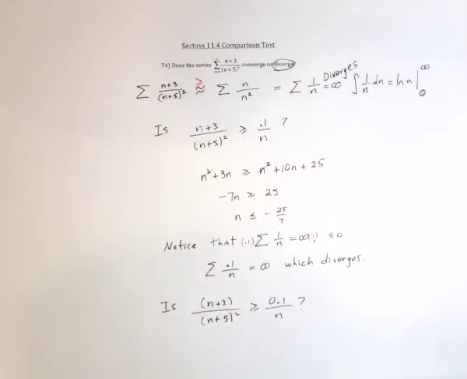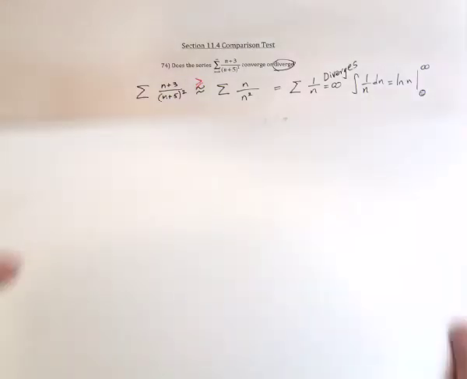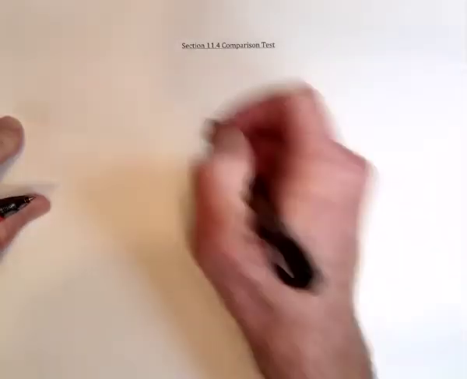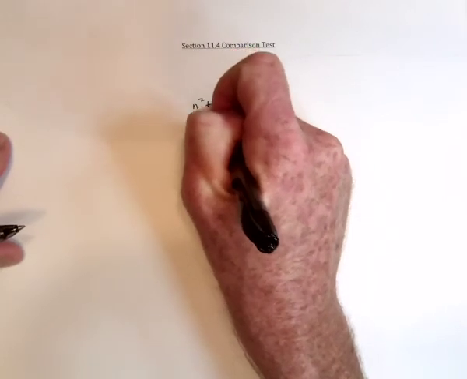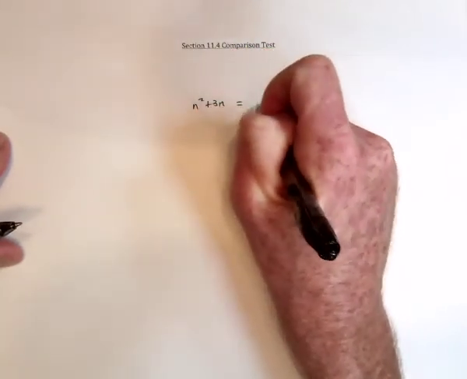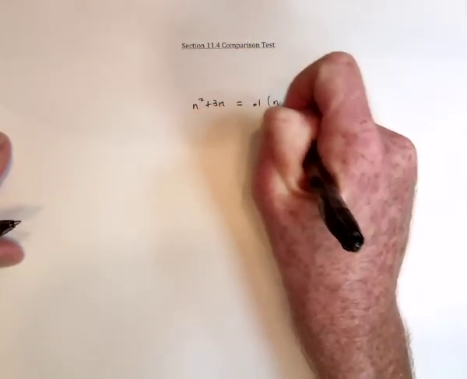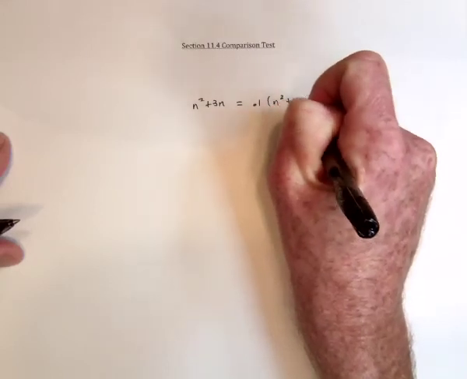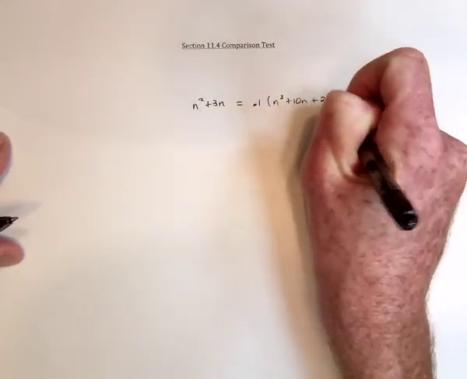Okay, again, cross multiply. I'm going to need to continue that on another page. Cross multiply, we would get n squared plus 3n on the left side, and then we would get 0.1 times n squared plus 10n plus 25.